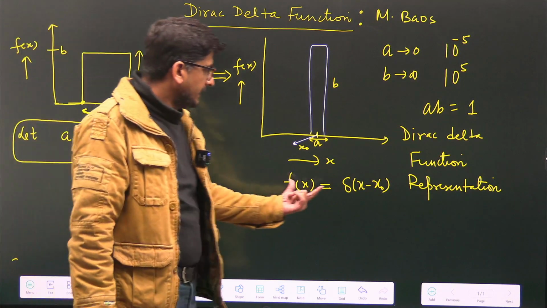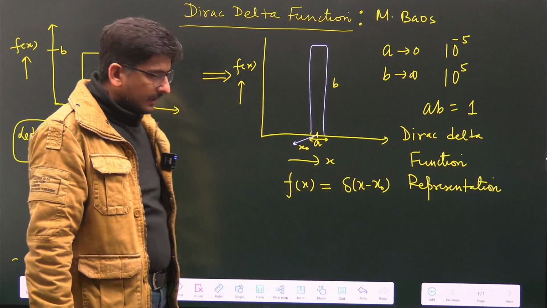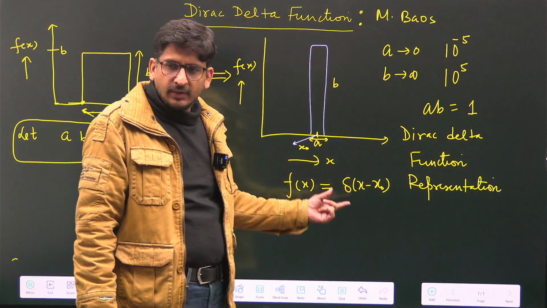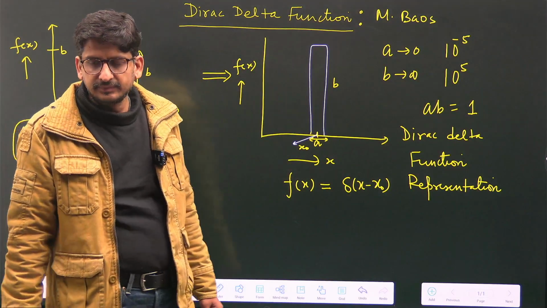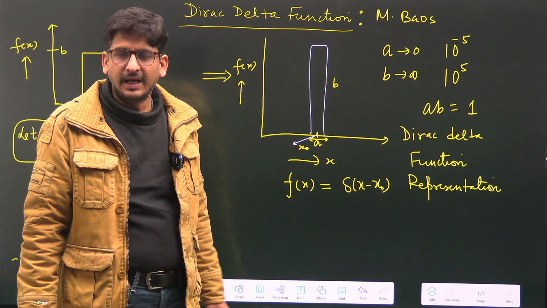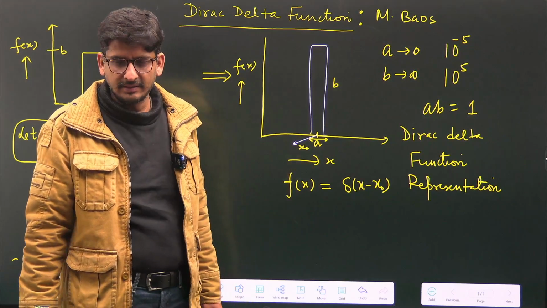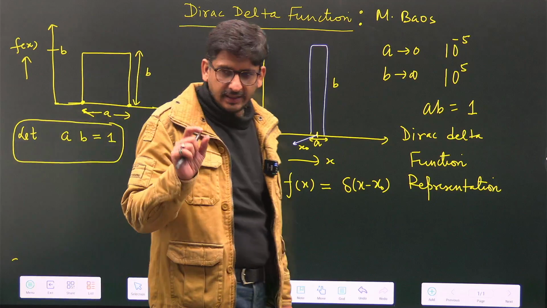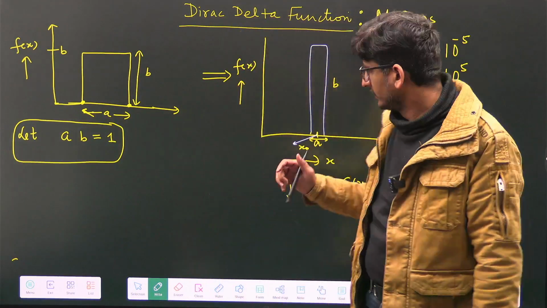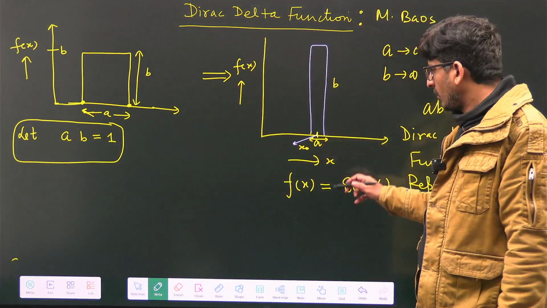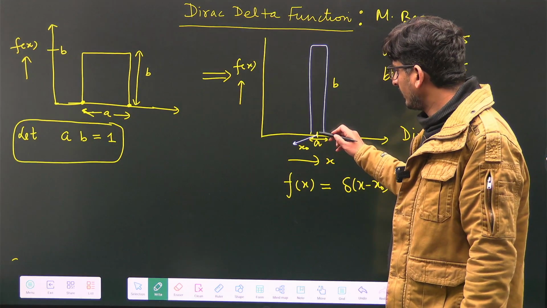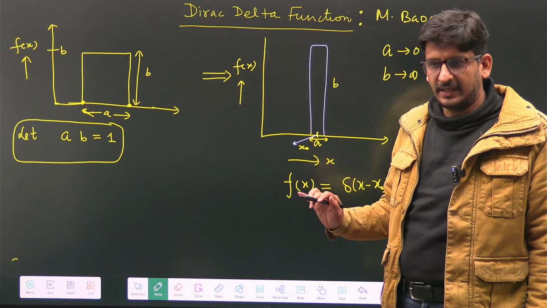Now, what is the meaning of this? What is the height of the function? The height is infinite, very large. What is the width? It is almost zero. That means it is only located at the point x naught, and otherwise it is absent.